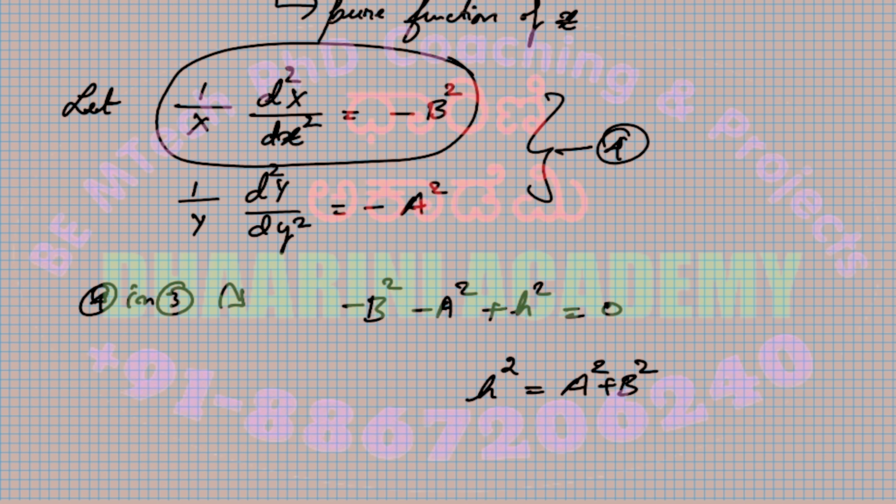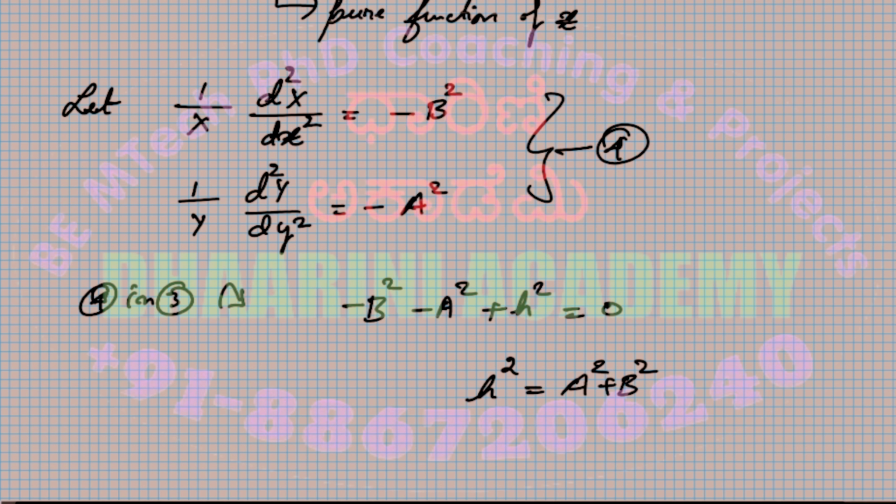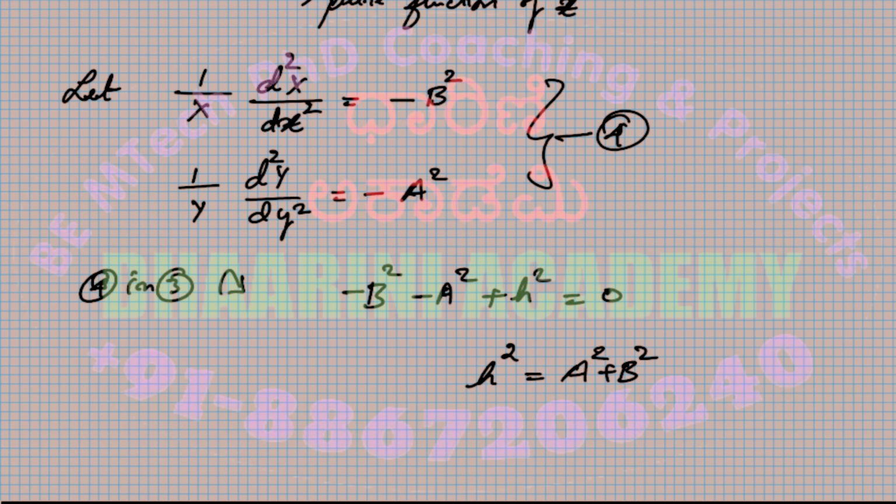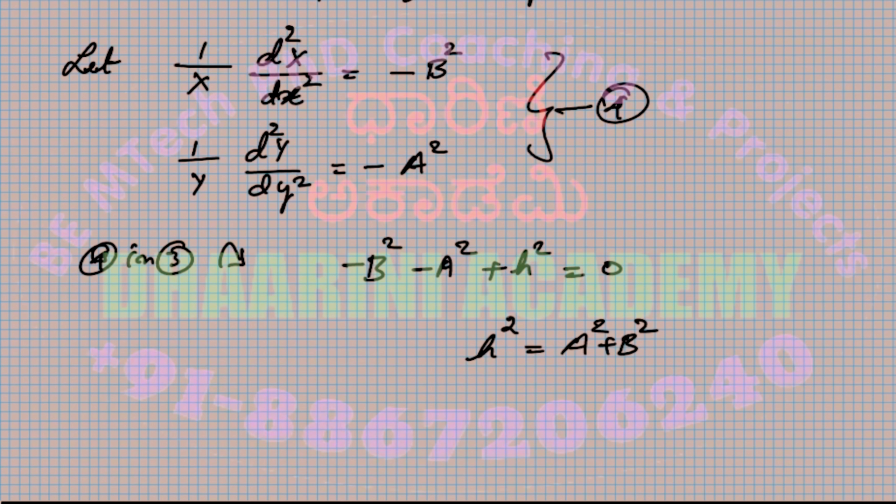First one is made up of only x. The second part consists of the terms made up of only y. So recall, this is directly taken from the concepts of the solution of second order differential equations. So how do you do that?